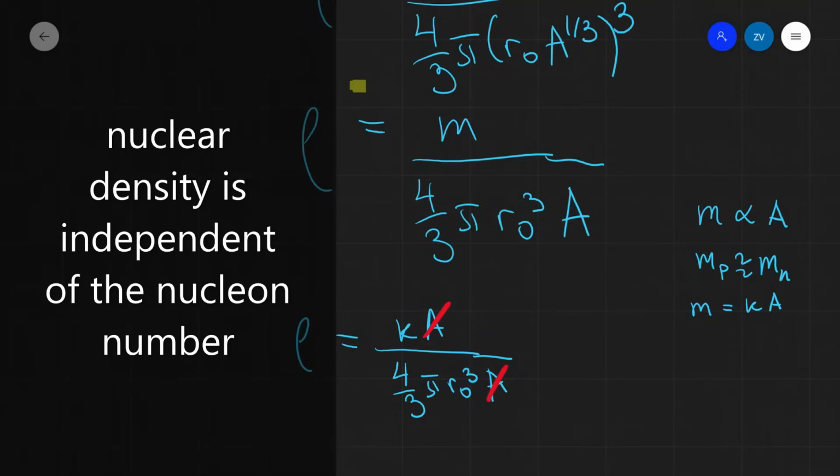So this means that the hydrogen nucleus is going to have approximately the same density as the uranium nucleus, which is going to have approximately the same density as the carbon nucleus. This also tells us that the individual protons and neutrons inside probably have a very, very similar spacing between them, regardless of which nucleus we are talking about.